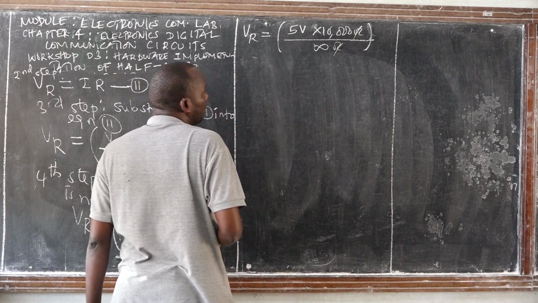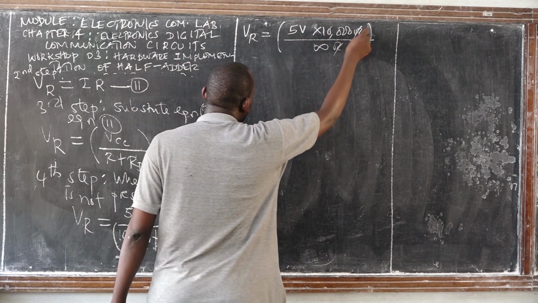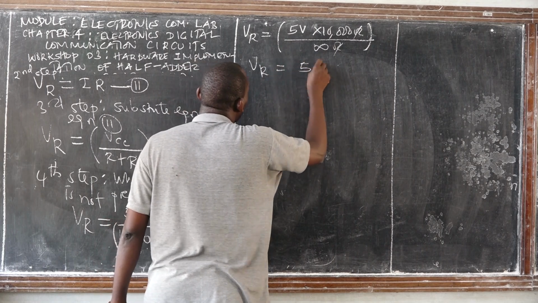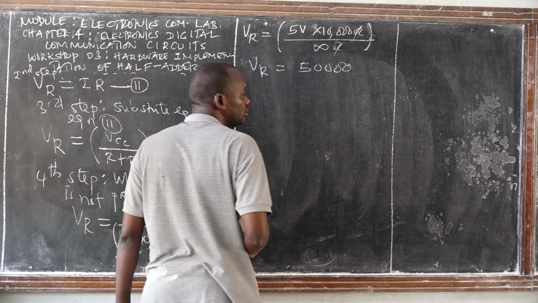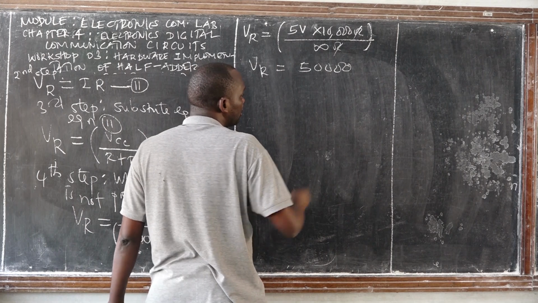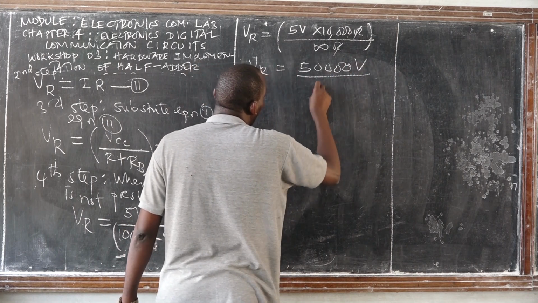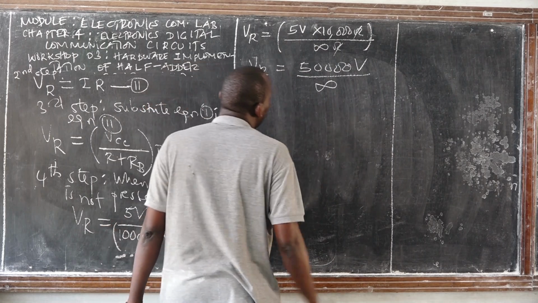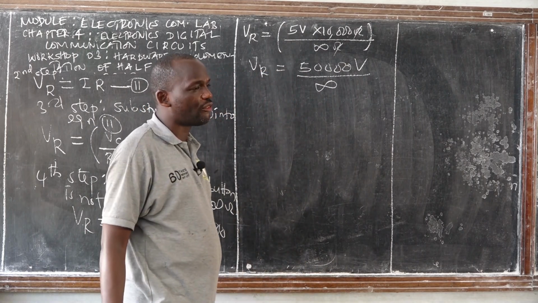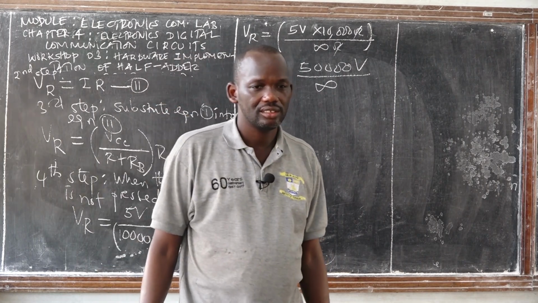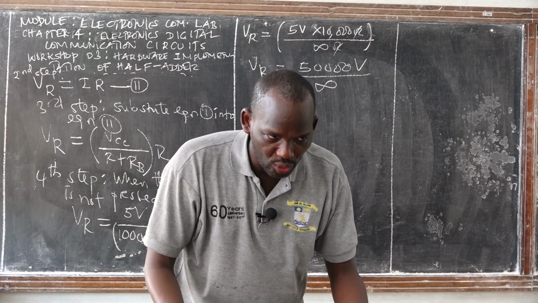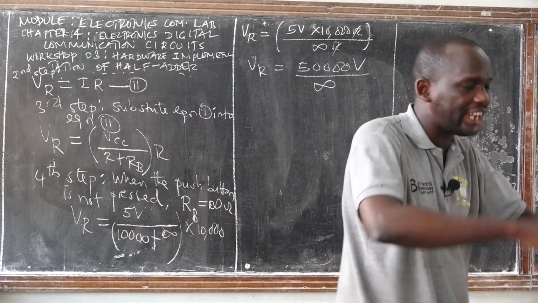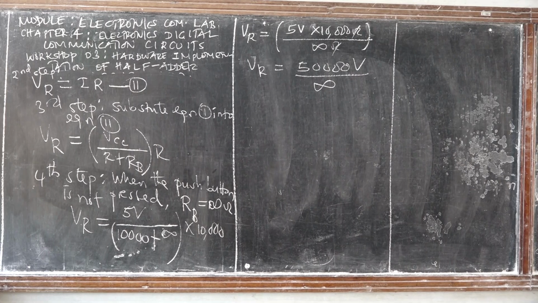Then 5 volt times 10,000, what do you get? 50,000, isn't it? Over infinity. 50,000 over infinity. What do you get?